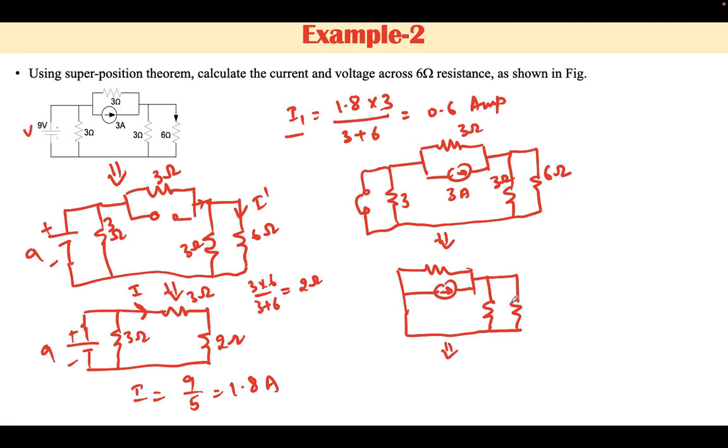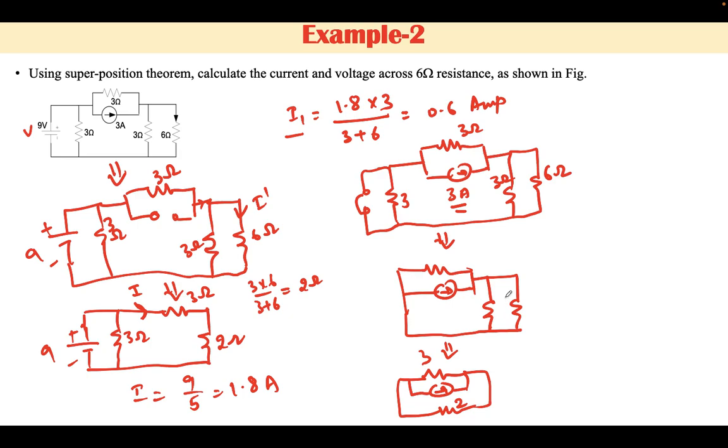The parallel combination is nothing but 2 ohm, and this 2 ohm resistance is in parallel with the current source. This is 2 ohm, this is 3 ohm, the source is 3 ampere source. Now these two branches are in parallel, and hence here also we can apply current division rule.